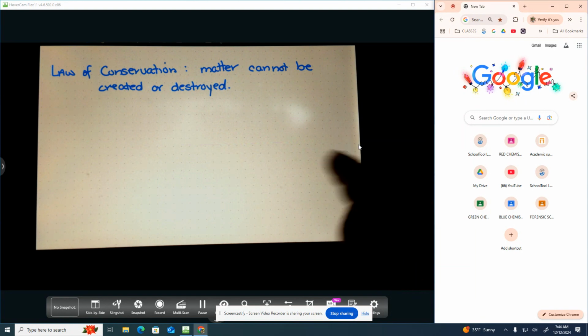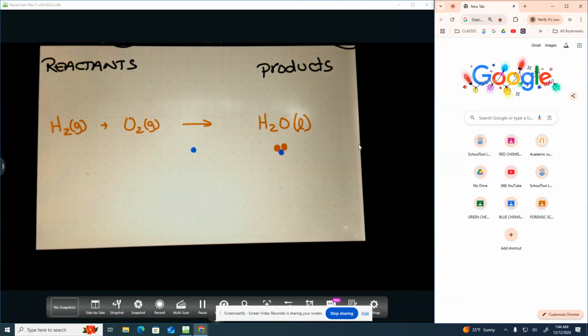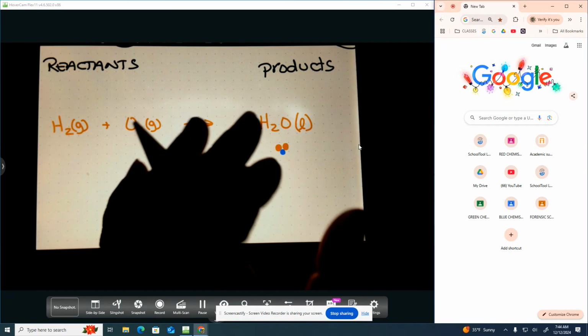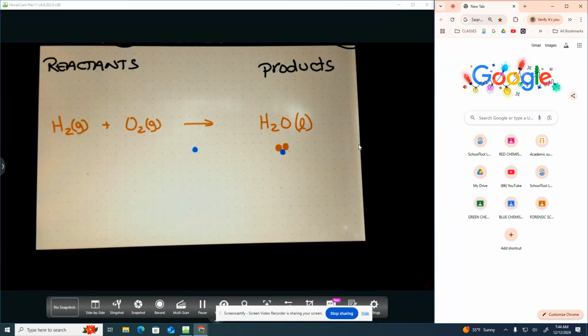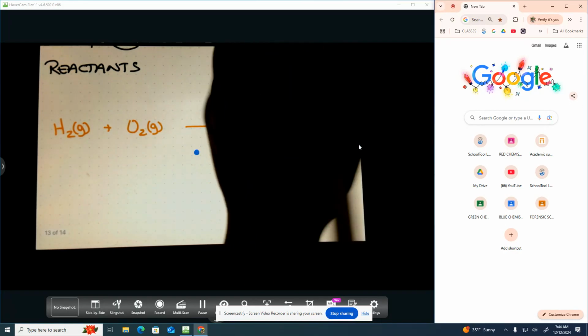So right now, we have a story that's being told where one of these oxygen atoms, one of these moles of oxygen atoms, is not being accounted for. Okay. Don't write anything.